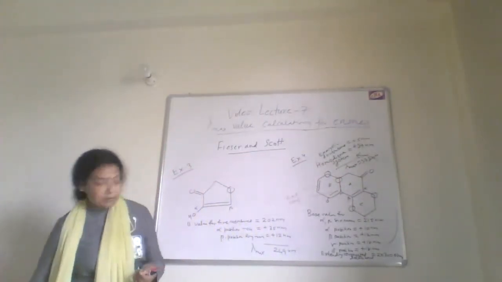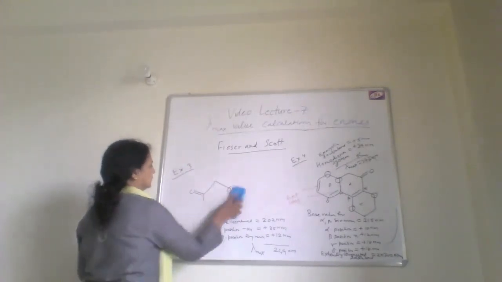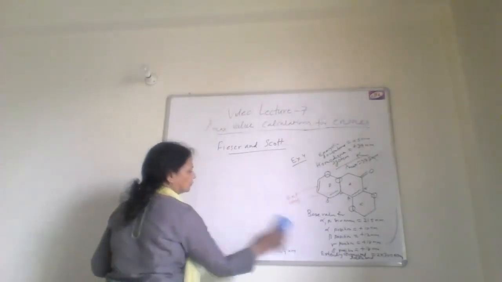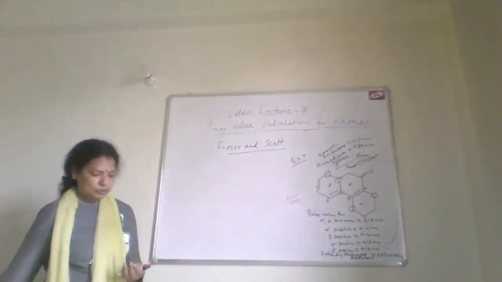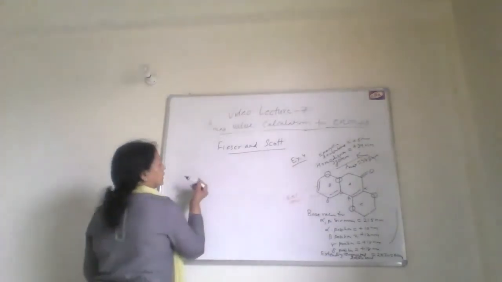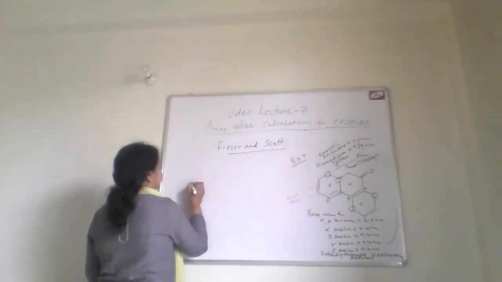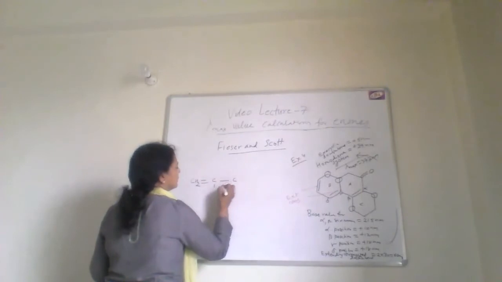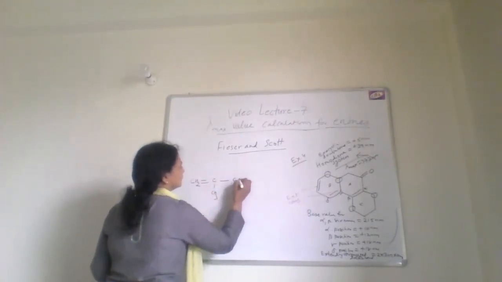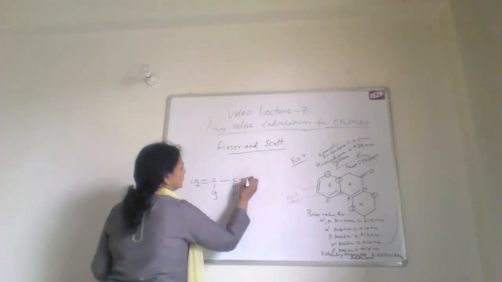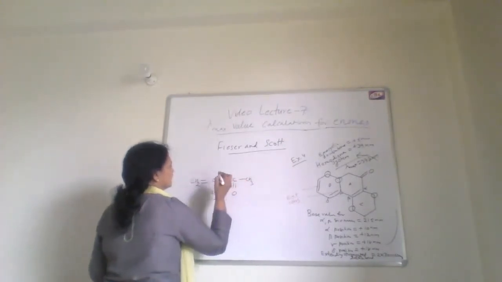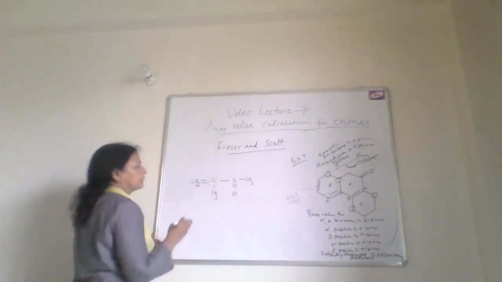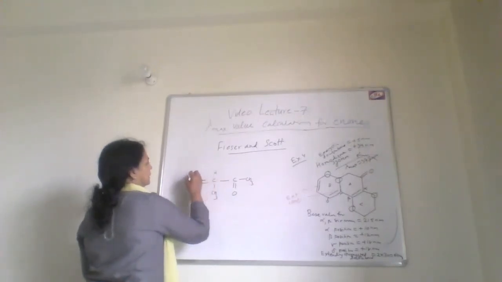In example 5, suppose the example is like that. This is alpha and beta.